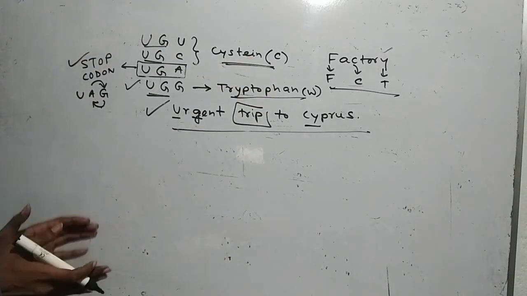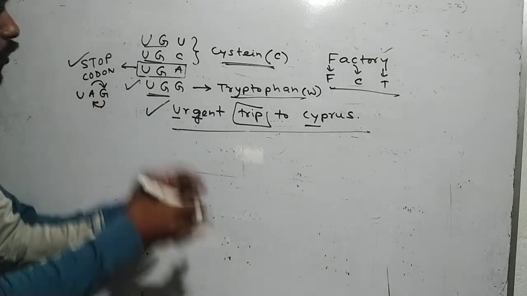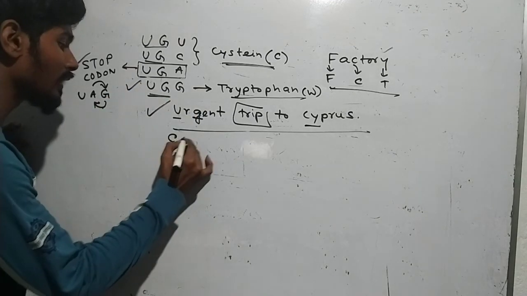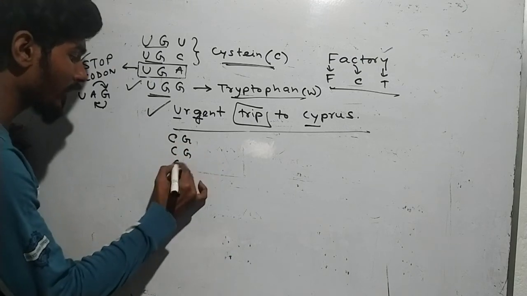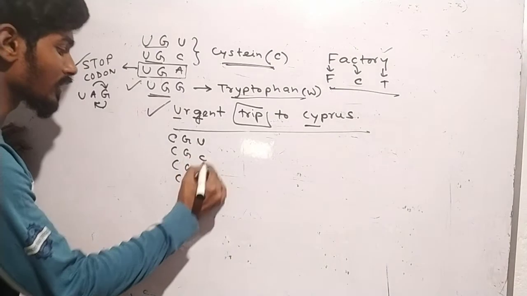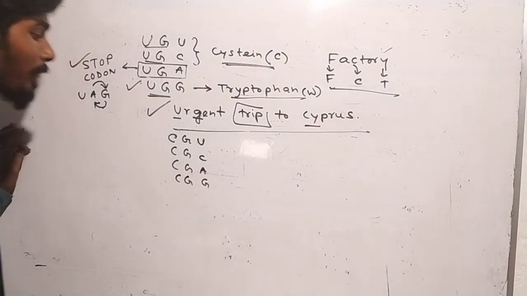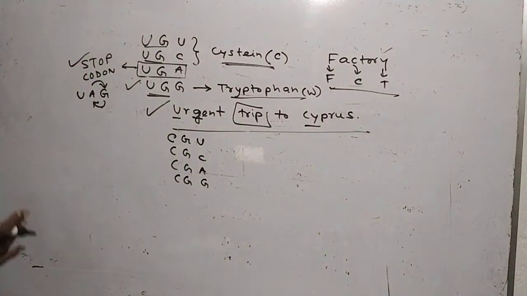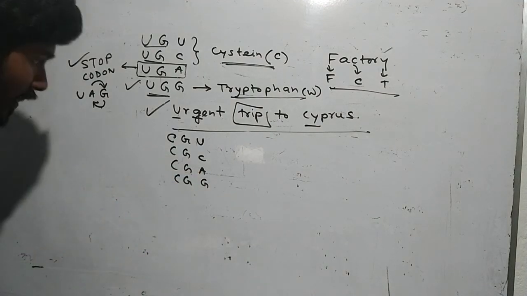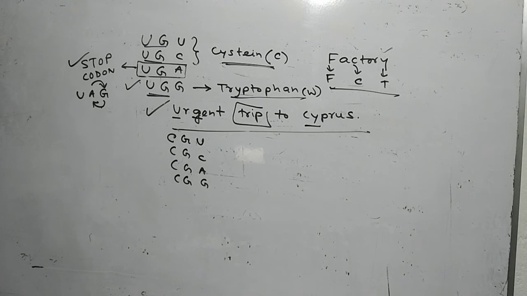Now the room just below this room is CG. Okay, the second letter is the same, and UCAG is there. Now CGU, CGC, what are they encoding?